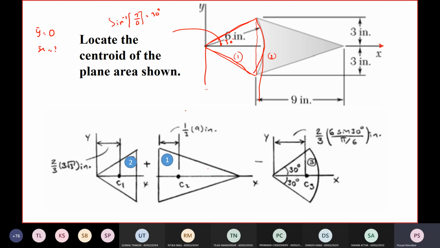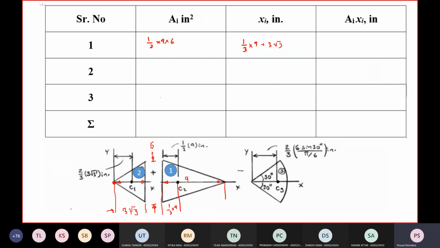So this is 6, this is 3, and this is 30 degrees. So this distance will be 6 cos 30, and cos 30 is root 3 by 2. So that comes out to be 3 root 3. This is how I calculate the distance. So total distance will be 1/3 of the height of the triangle plus this distance, 3 root 3.